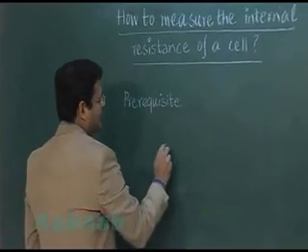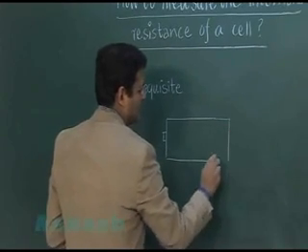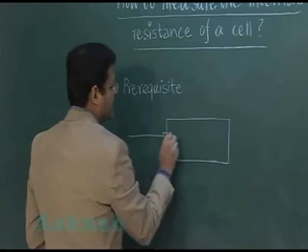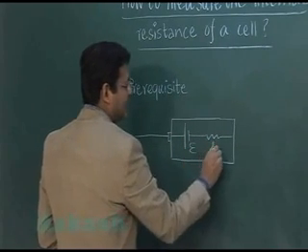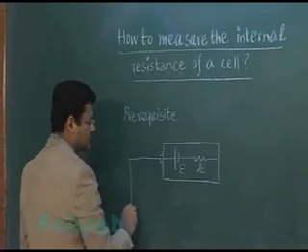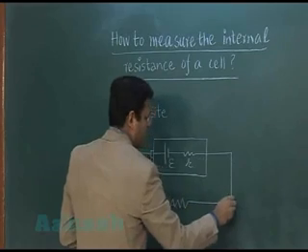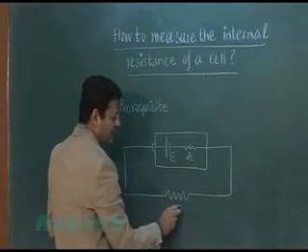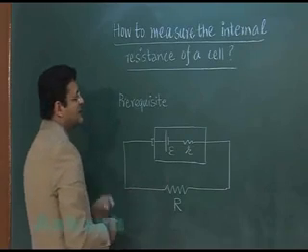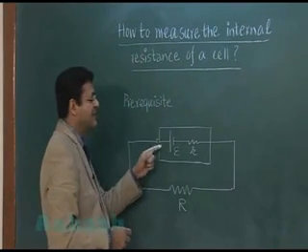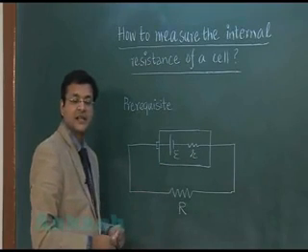Imagine that you have a cell whose EMF is E and internal resistance is small r, and let us suppose this is connected to an external resistance capital R. You understand here?